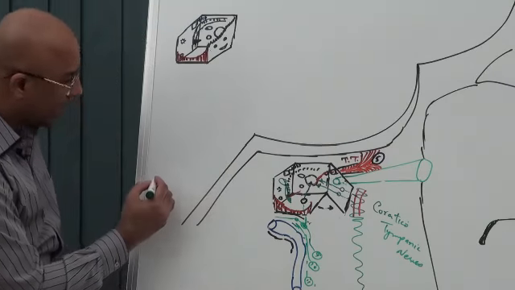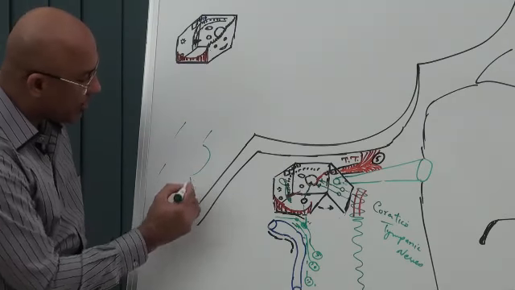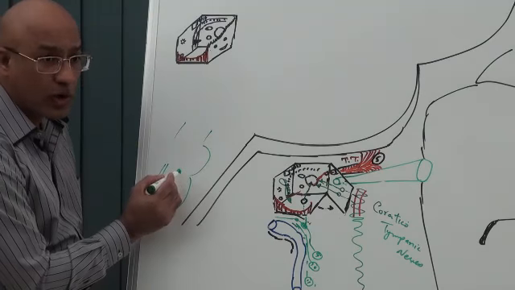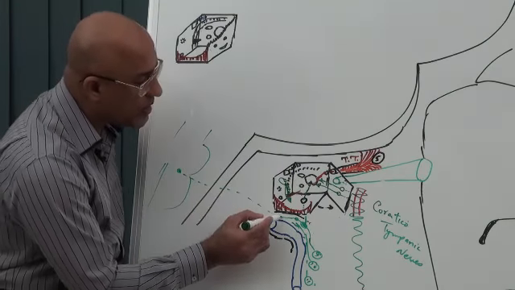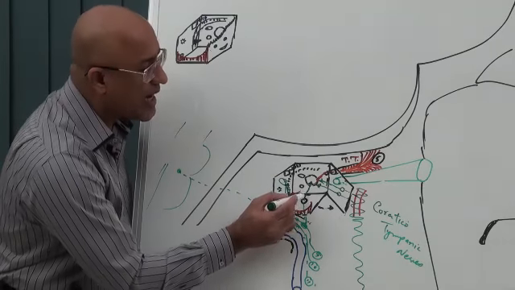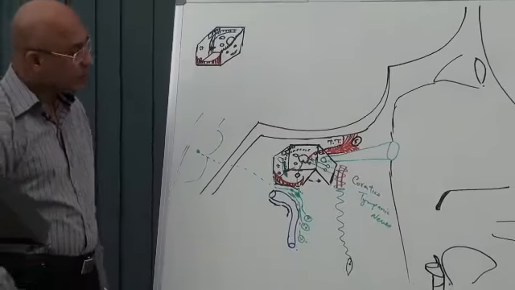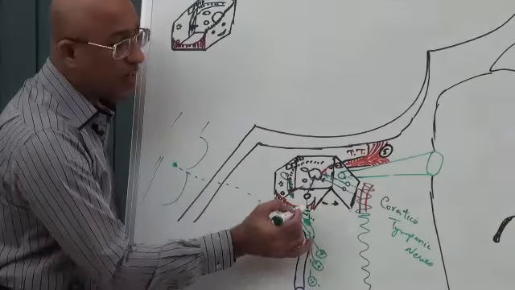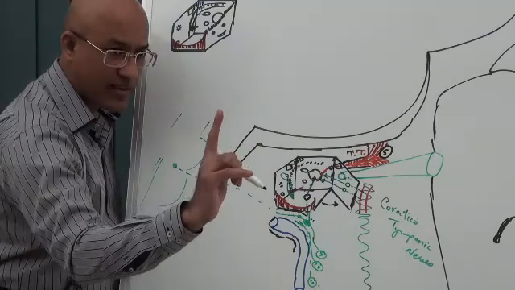If you go really back here, midbrain, pons and medulla, in the upper part of the medulla or lower part of the pons, there is the inferior salivatory nucleus, a parasympathetic nucleus. From here the fibers go to the glossopharyngeal nerve, and then eventually they reach the tympanic plexus. So we can say the tympanic plexus has sympathetic input and also parasympathetic and sensory input. And where these fibers go, we will discuss later.